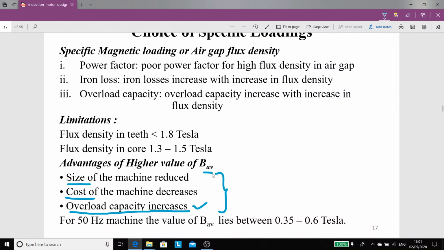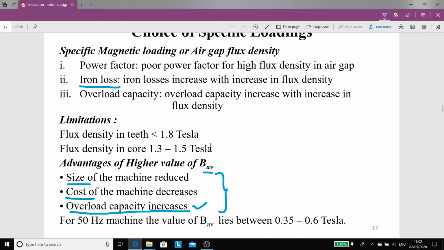Then what is the limitation? As the flux density increases, it tends to increase our iron losses, and as iron losses increase, it will affect the efficiency of our motor. Secondly, as the flux density is much more, to establish that higher flux density we need more magnetizing force, we need more mmf to be generated, and to generate more mmf our motor will draw more magnetizing current from the source.